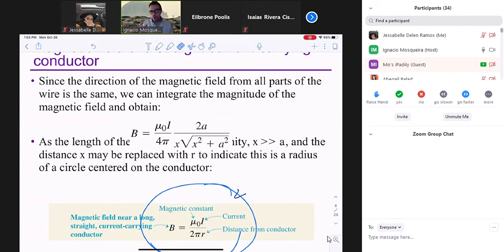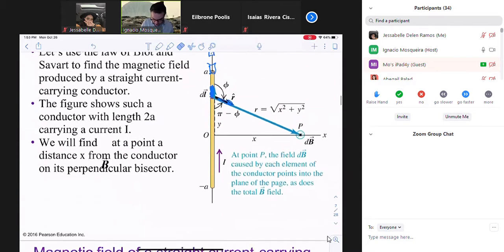They start out with one method, then later on they switch to a different method. So in this method of doing it, they start with a piece of the wire. It doesn't have to go off to infinity. That's why they just say from minus A to A. So you can see this, minus A, A. They leave it as a variable.